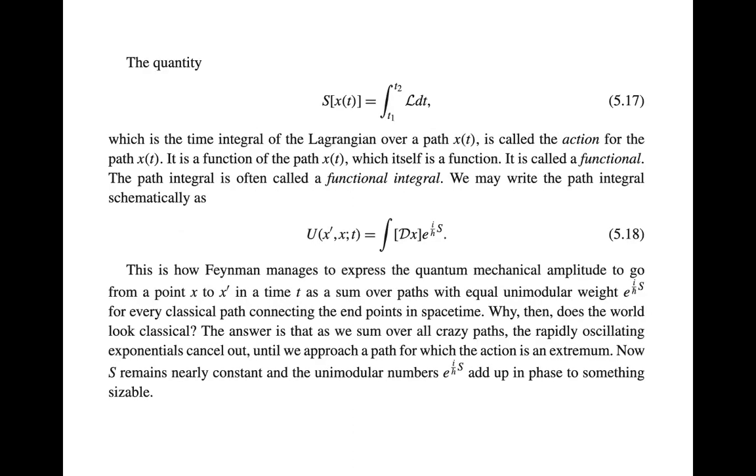So let's continue. The quantity which is the integration of the Lagrangian along the time path, which is the time integration of the Lagrangian over the path x(t), is the action of the path. Any kind of path is allowed, but the weight is given by exponential of i over h bar times this action, right? Apparently, this is a functional.